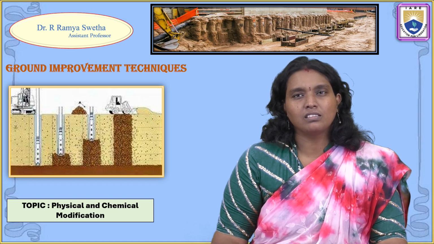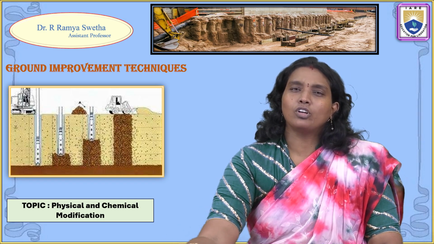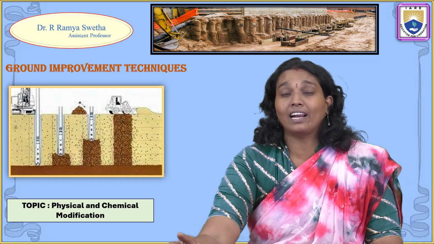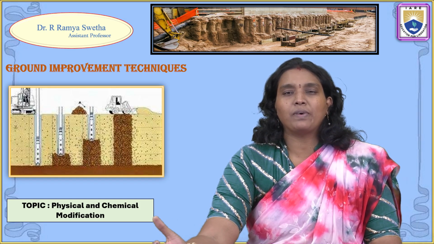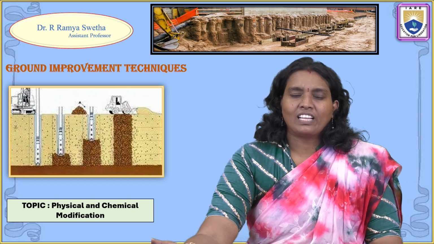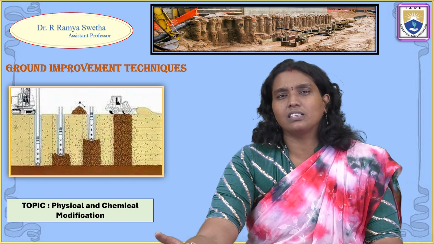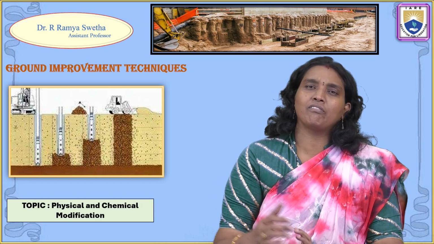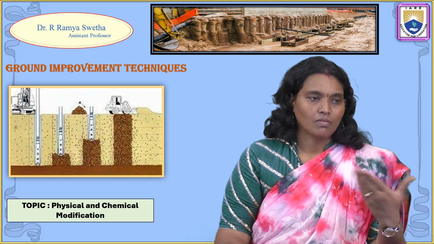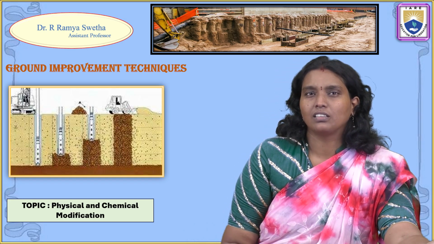Today our topic is Physical and Chemical Modification. As a part of ground improvement techniques, we have to modify the soil properties and the soil conditions as per the required project. So for getting the desired properties of the soil conditions, we are going to modify various parameters: hydraulic modification and different kinds of hydraulic modification, mechanical modification.